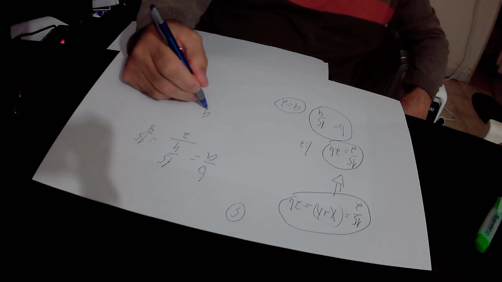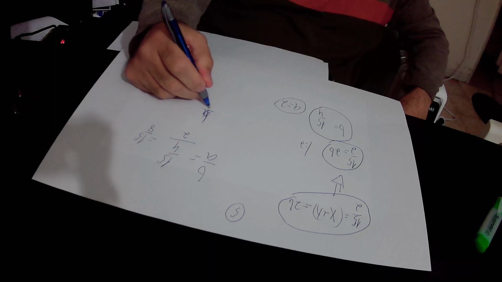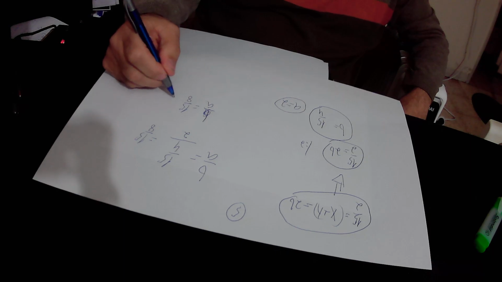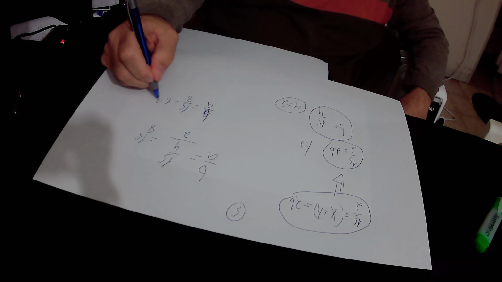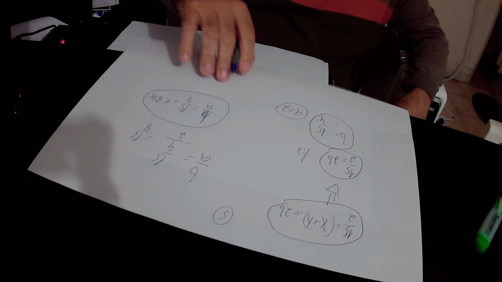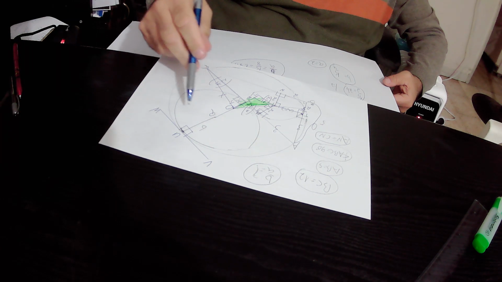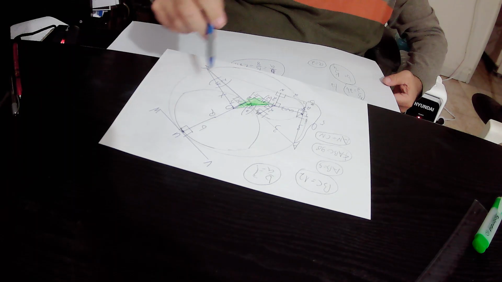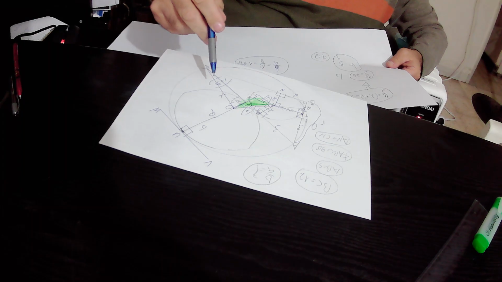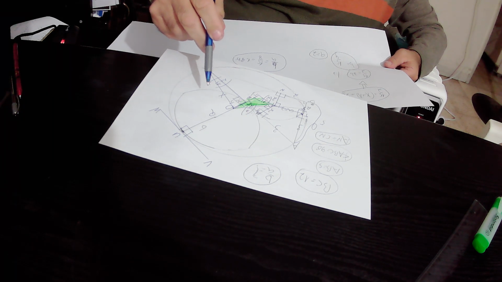That is to say we found out that B over A equals 15 over 8, or in terms of numbers it is equal to 1.875. And that is the answer to the question. The ratio between the radius of this circle and the radius of this circle, that is B over A, equals 15 over 8, or 1.875.